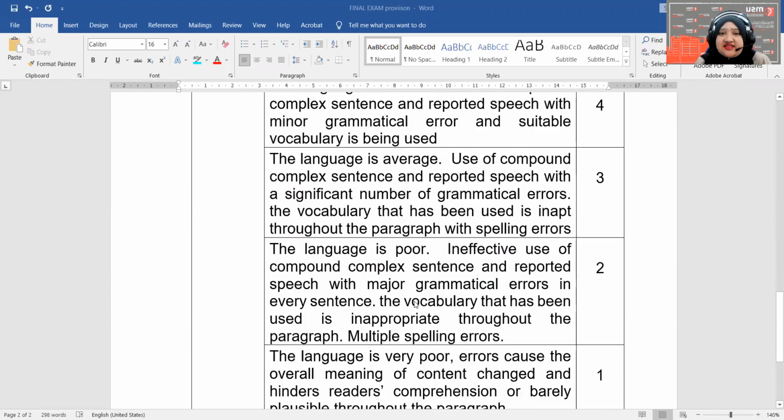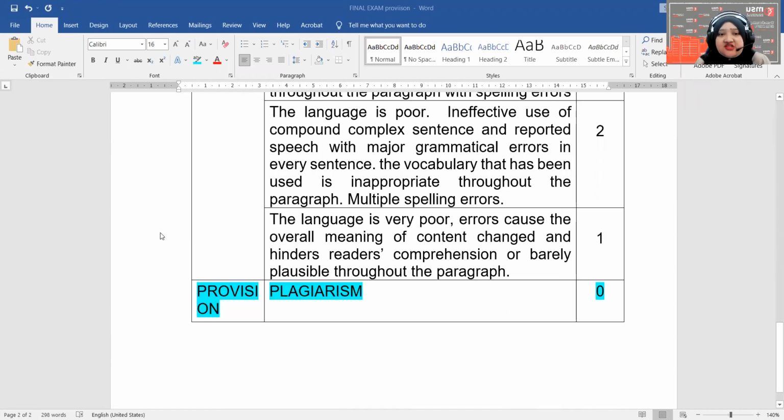Okay, and the last provision is on plagiarism. Your answers will be checked through the team. We will check for plagiarism, and if there are works that are suspected of it, we will definitely check the percentage of plagiarism.